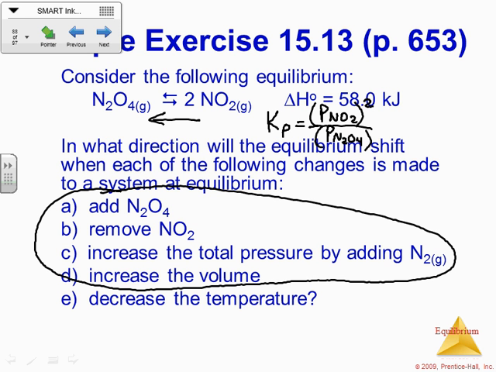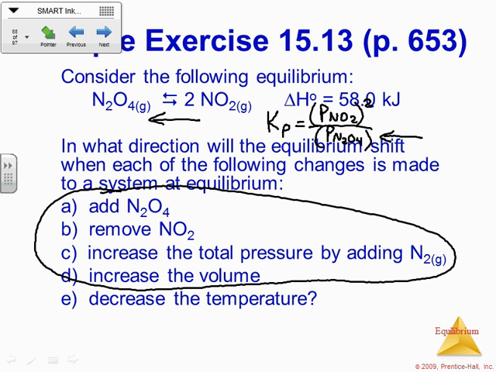All right? So if the equilibrium is shifting back this direction, so that now I have more of the reactant, what does that do to my K value? It's going to decrease it. It's going to cause it to go down, okay?